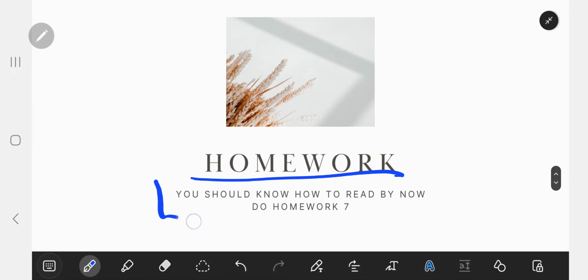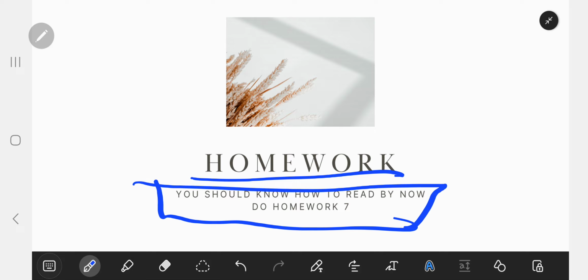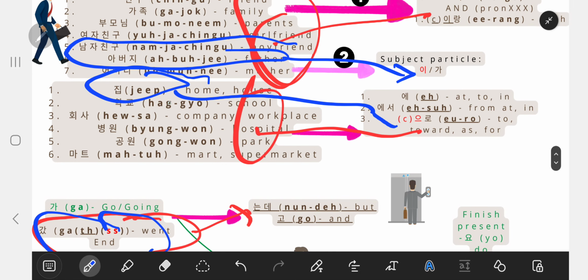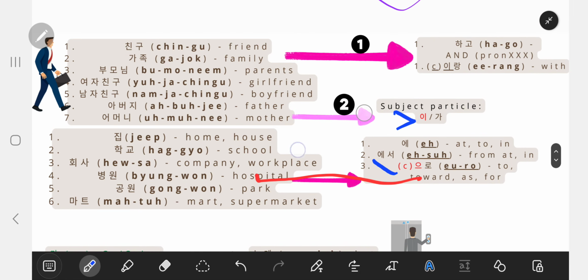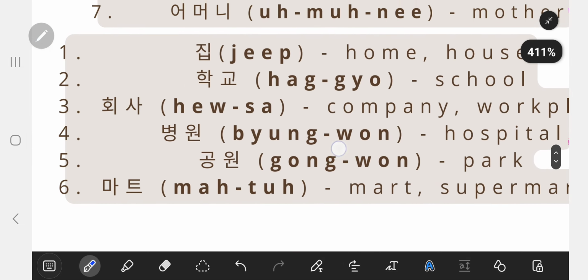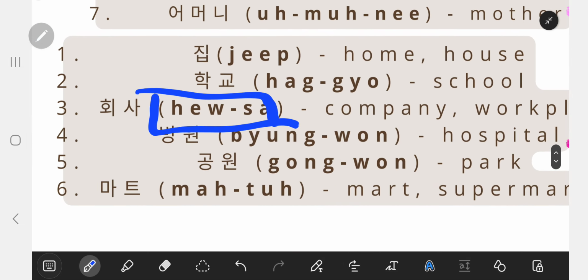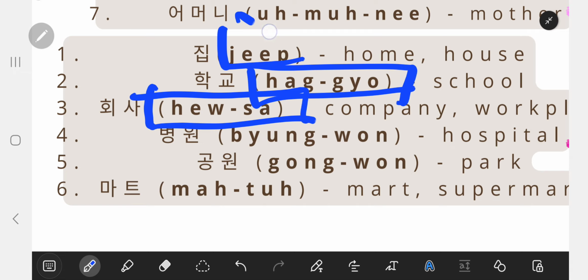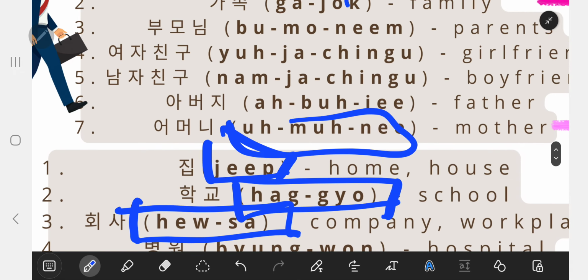Homework, okay? You should probably know how to read by now because we are going into heavy Korean territory. As you can see, we're going to be reading Korean, and sooner or later I'm not going to be putting in these romanizations anymore, so you cannot read these anymore.